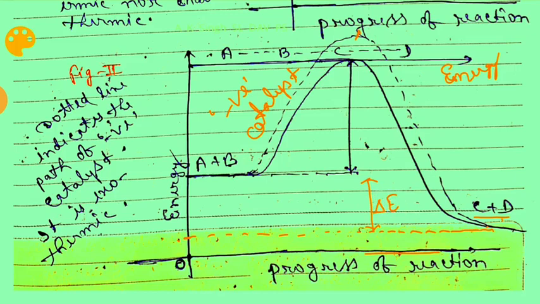So it is an exothermic reaction, and the curved graph also indicates the exothermic reaction because there is no change in the concentration of the reactants or products.